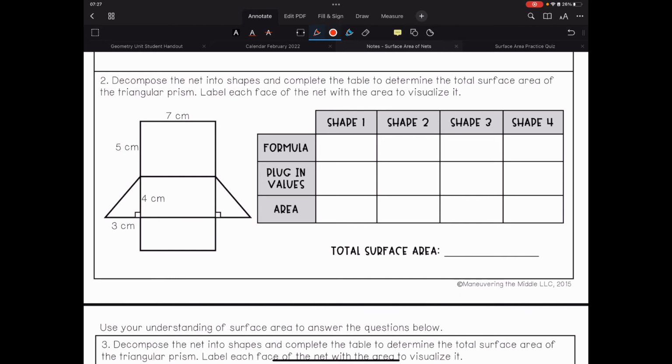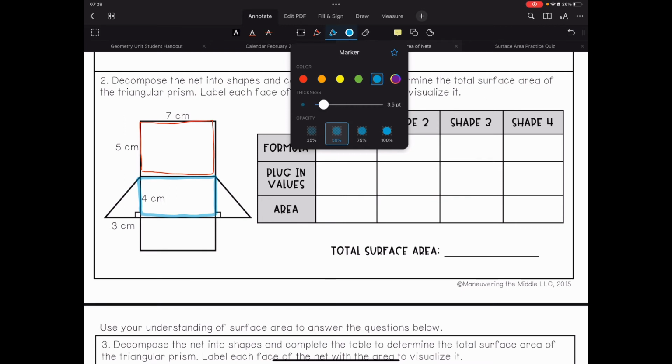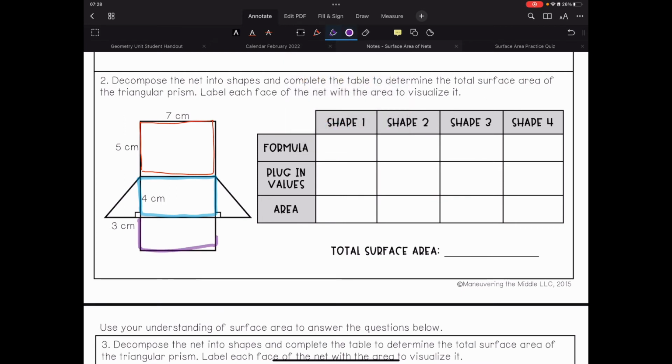So we have a big rectangle here. We have what looks like a medium rectangle here, and then a smaller rectangle here. So we have 3 different rectangles. So I'm going to say large, medium, and small.